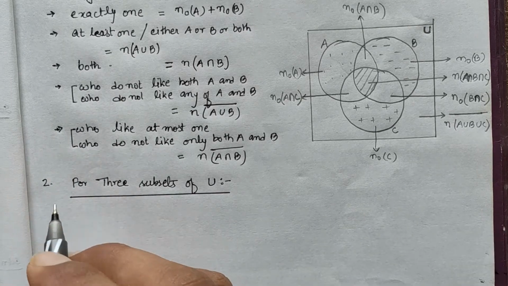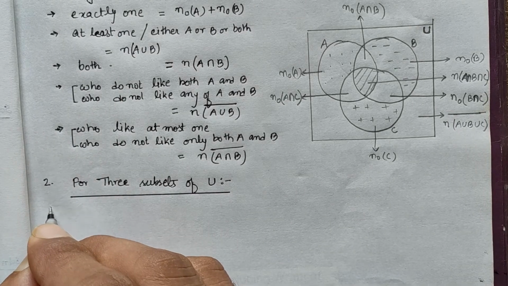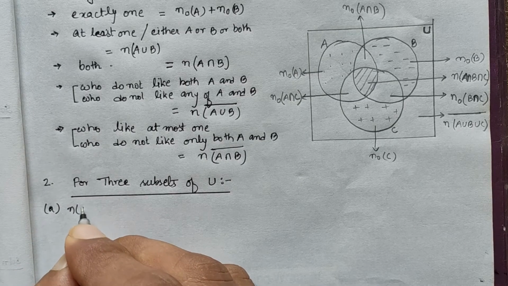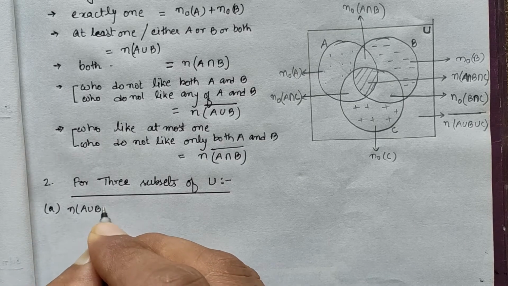So the first formula I'm going to write is n(A union B union C).